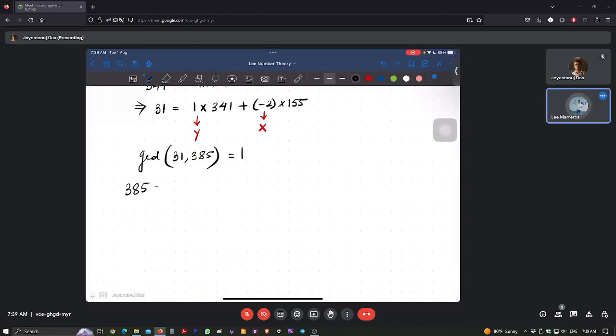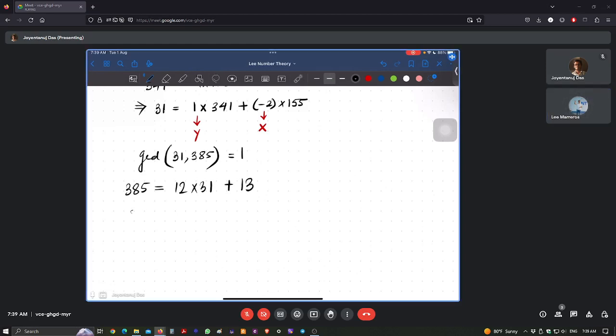Okay, 385 is equal to 12 multiplied by 31 plus 13. Next we have 31 equals 2 multiplied by 13 plus 5.